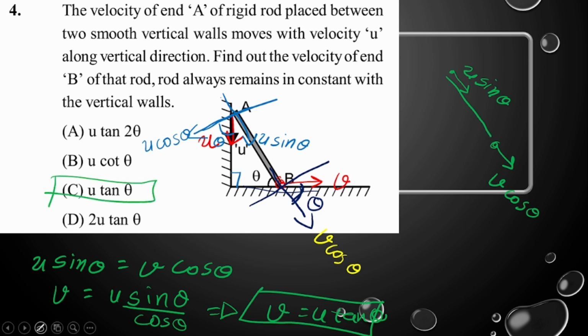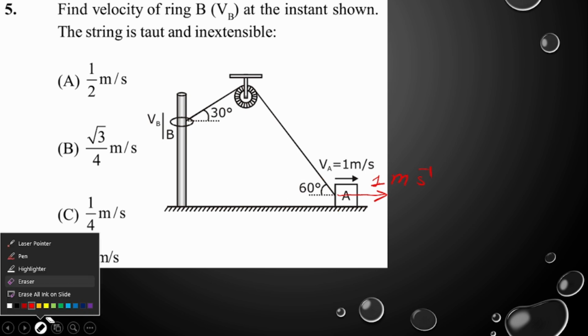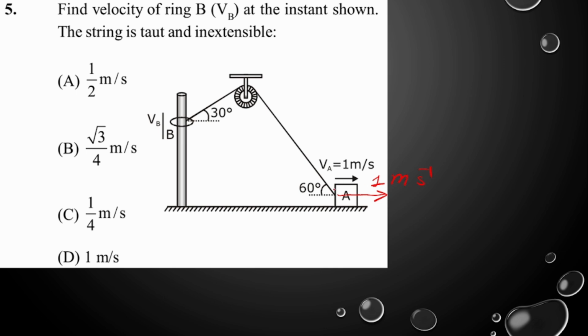Okay, the next question is a much easier question. See, the velocity of point A is in this direction, and that is 1 meter per second. Now taking the components of 1 meter per second, that is like this, that is like this.